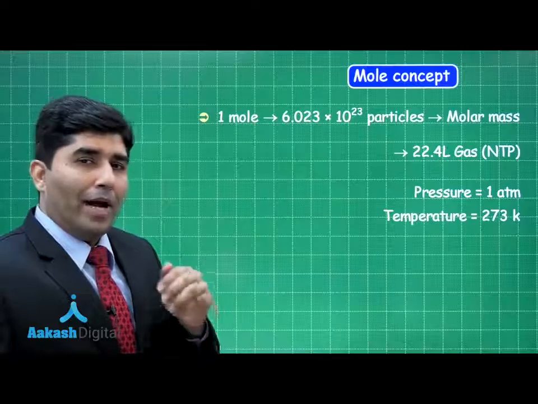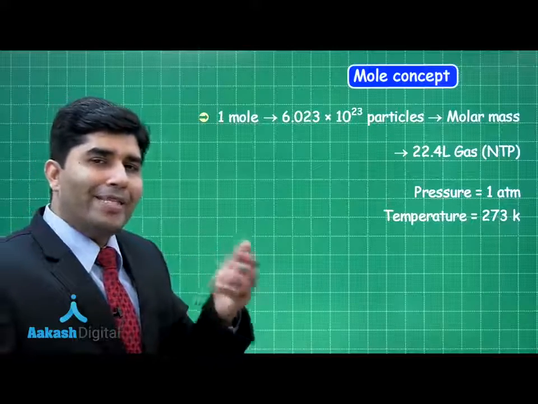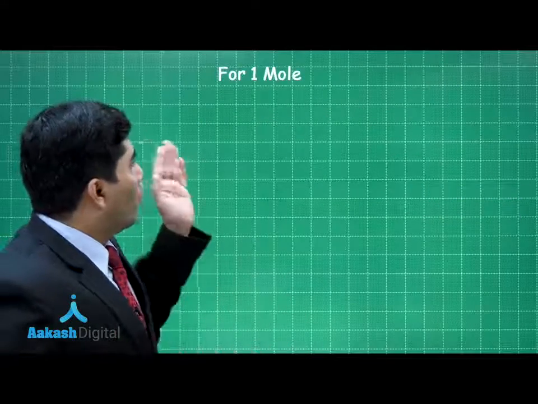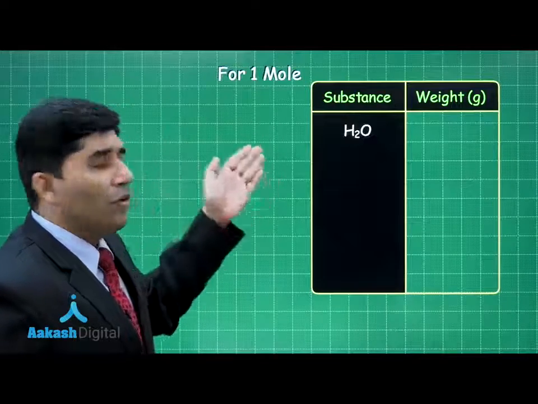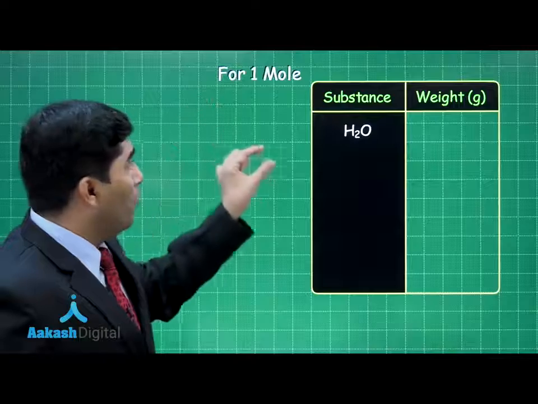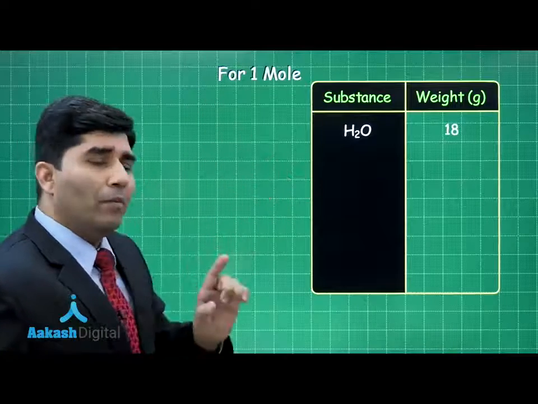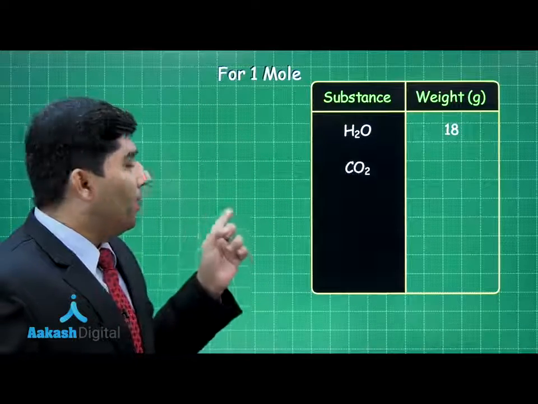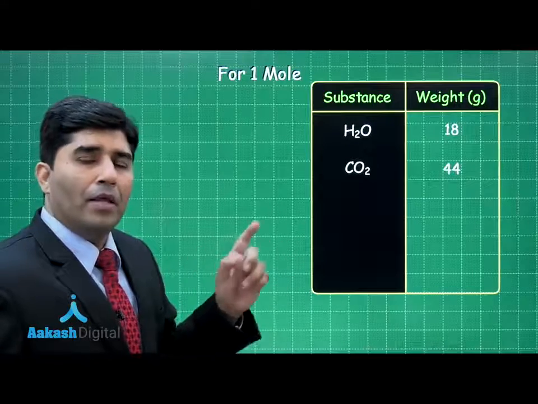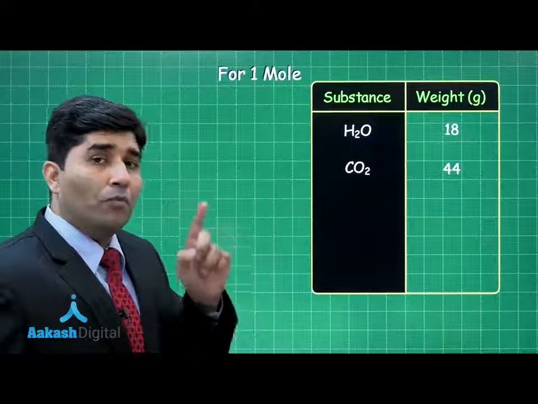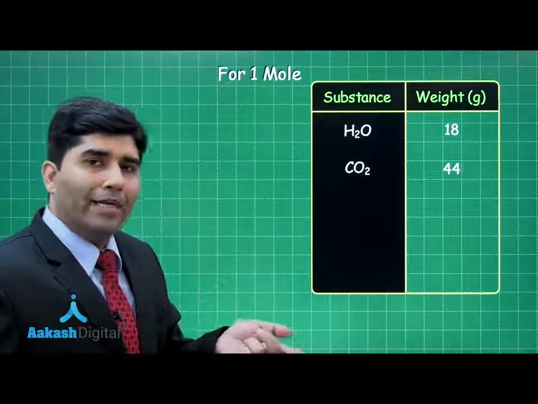Now, I am taking some easy examples. So for 1 mole, first water: if we have 1 mole of water, its weight will be 18 gram. If we have 1 mole of carbon dioxide, it will be 44 gram. If we have 1 mole of methane, it will be 16 gram.